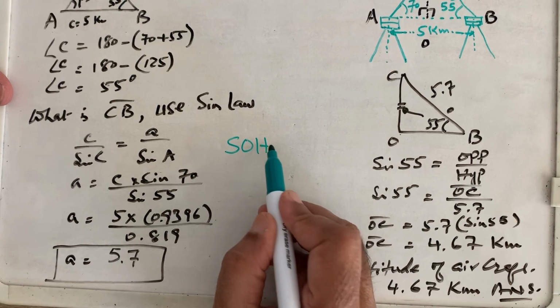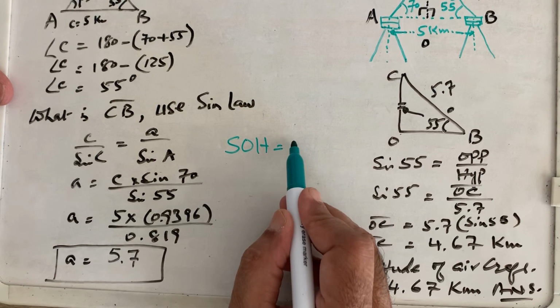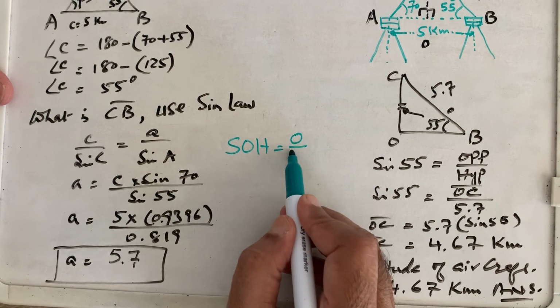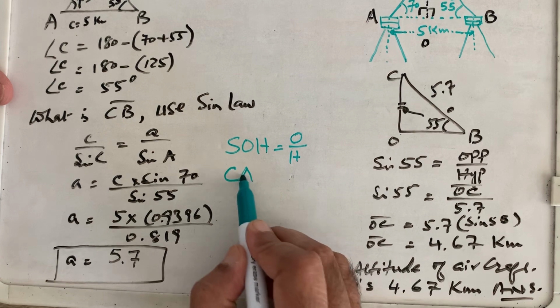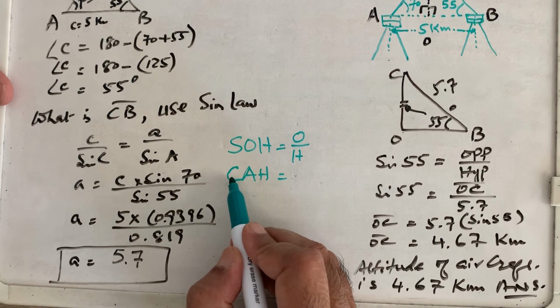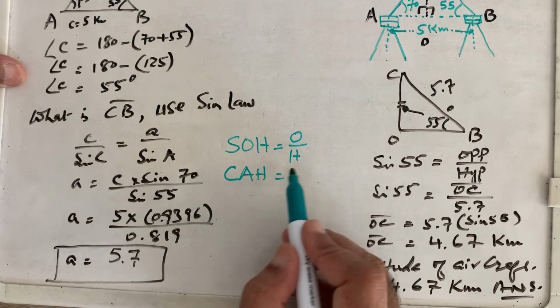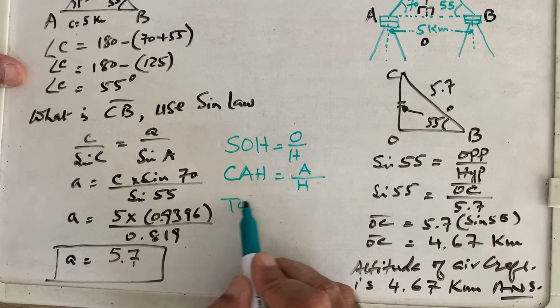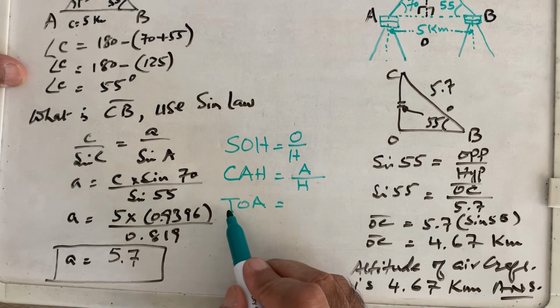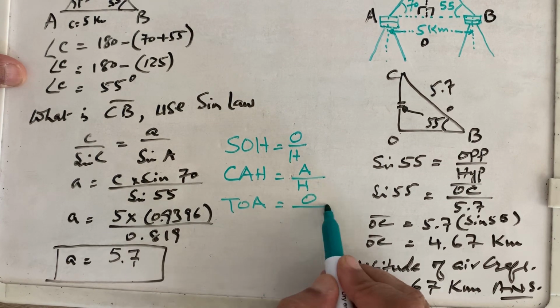Sine is SOH, so sine is equal to opposite over hypotenuse. CAH is cosine, C for cosine, A for adjacent, H for hypotenuse. TOA, T for tangent, O for opposite, A for adjacent.